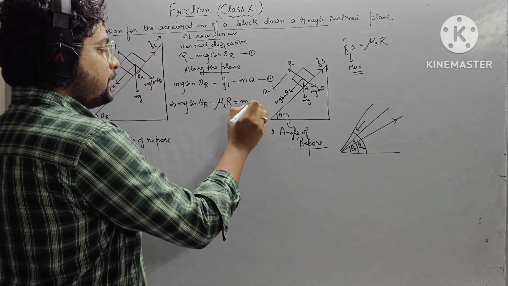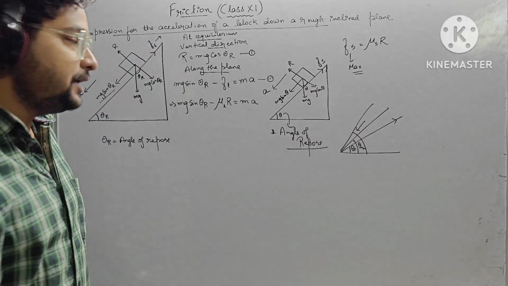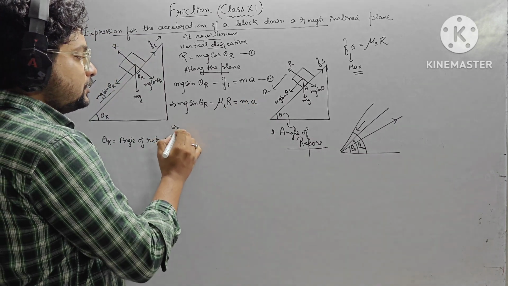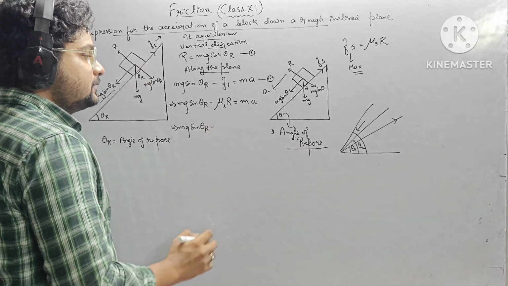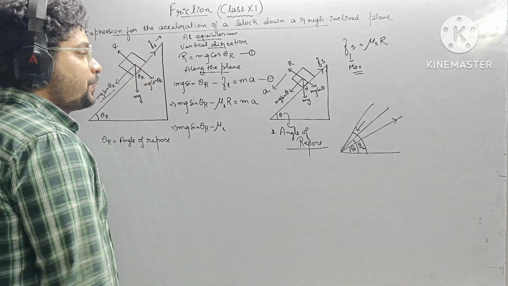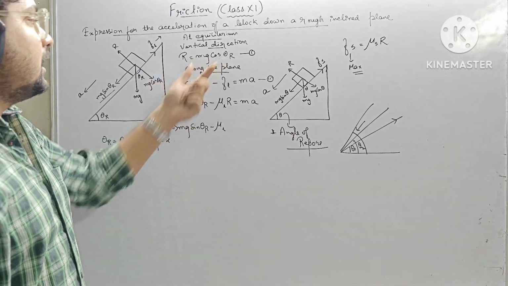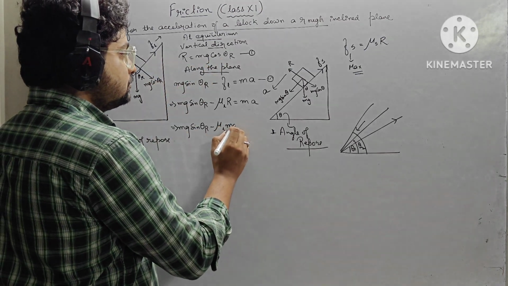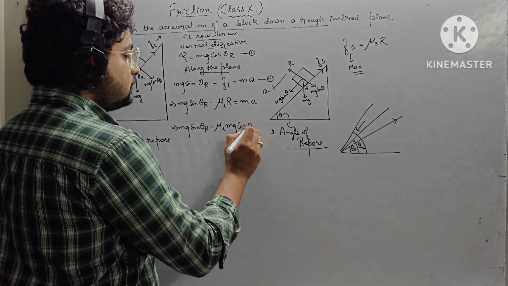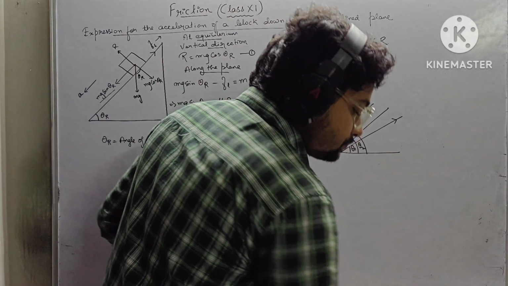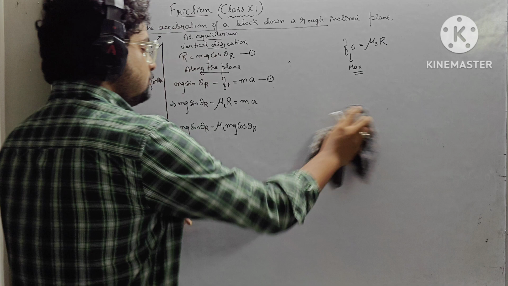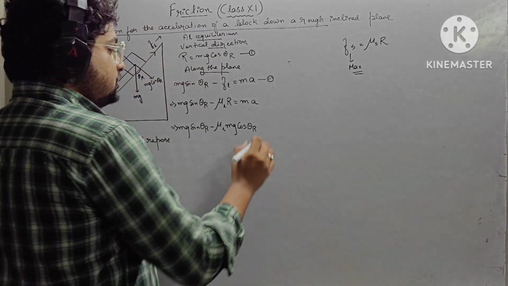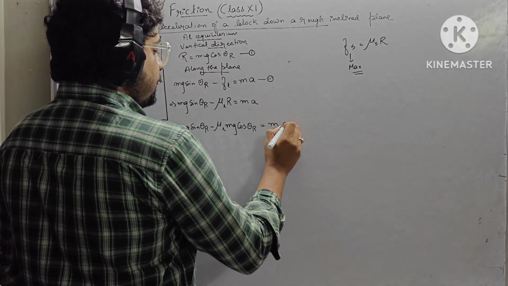So mg sin theta minus mu L into R. What is R? R is mg cos theta, which is equal to mass into acceleration.